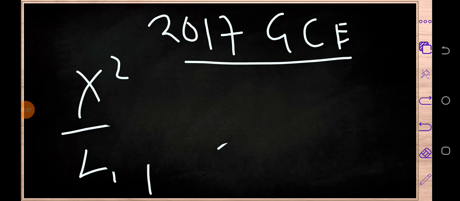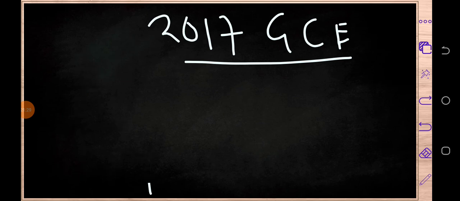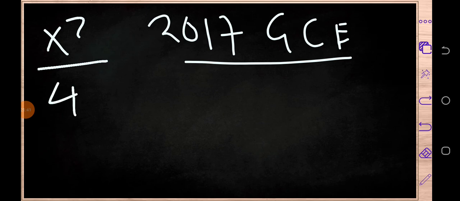Okay, let me just clear the part so that we can have enough space. Okay, here's a question. Over 4y squared minus 1 over 9.